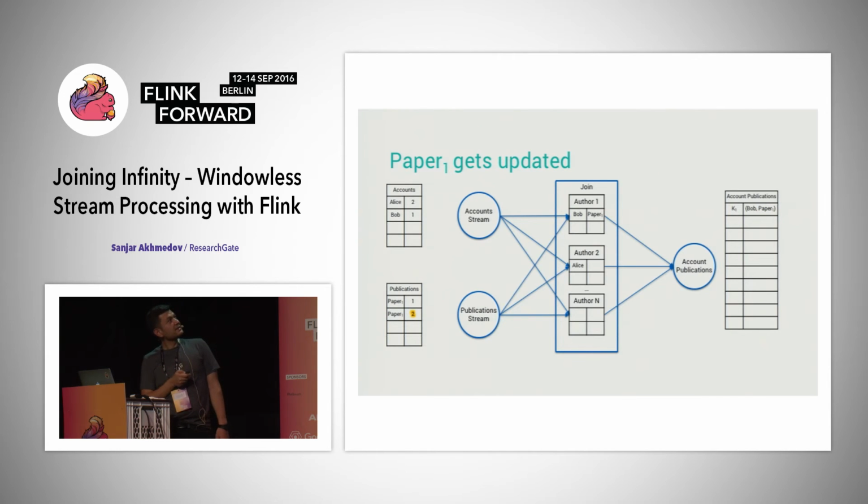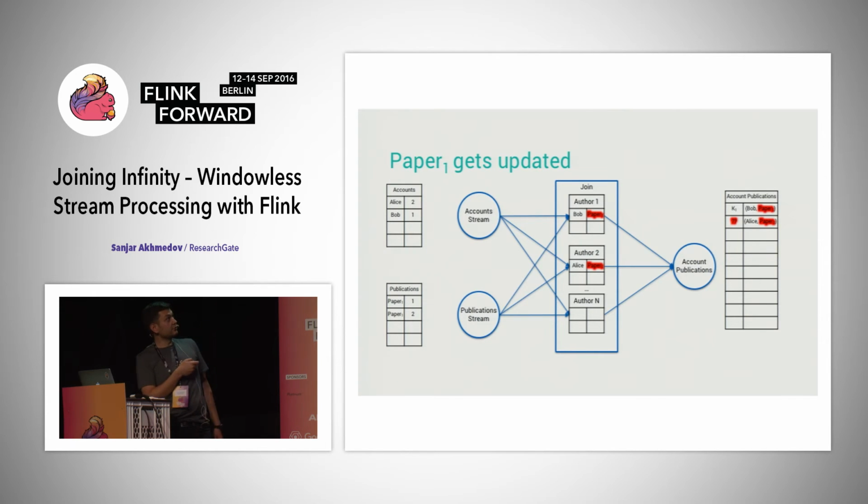So let's say deletes are solved and we receive an update. So paper 1 has changed. Now we think its author is author 2. We route it to another key. The key is full. The task node is full. We fire a join result. But now we have this strange state where two states think that they authored paper 1.